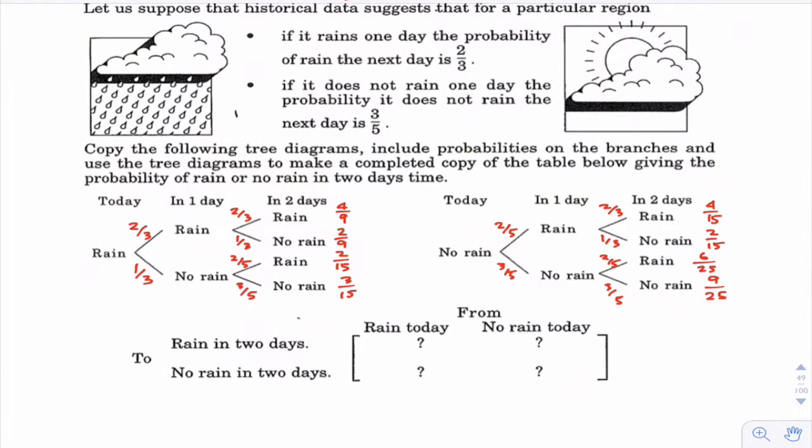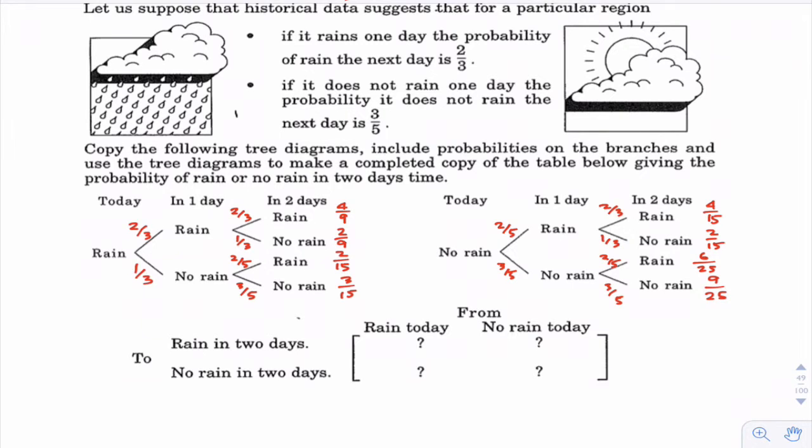Okay, so let's transfer all this information into a simple matrix here. It's going to be called a transition matrix. We're going to start at the top from if it's raining today and not raining today, if it's raining in 2 days' time. Okay, so if it's raining today, what's the chance that it's going to be raining in 2 days' time?